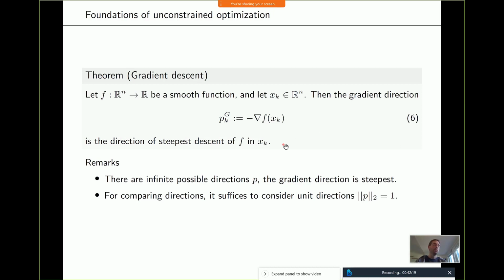And there are different ways to show that. One way I've just shown you. And of course it's important to remember that the gradient direction is the direction of steepest descent because that's a heuristic motivating gradient descent.